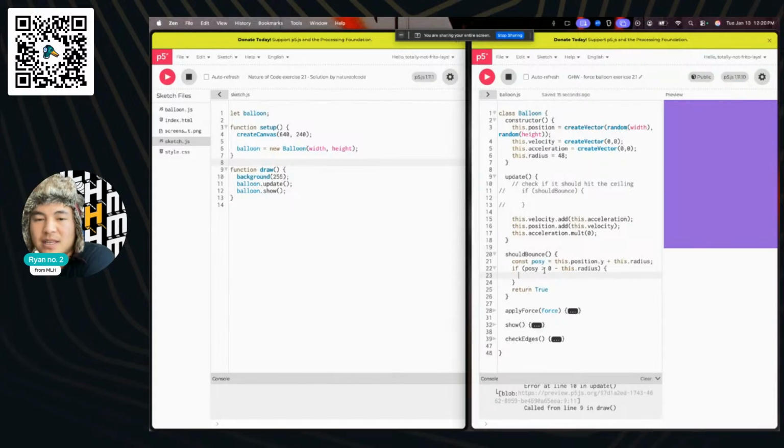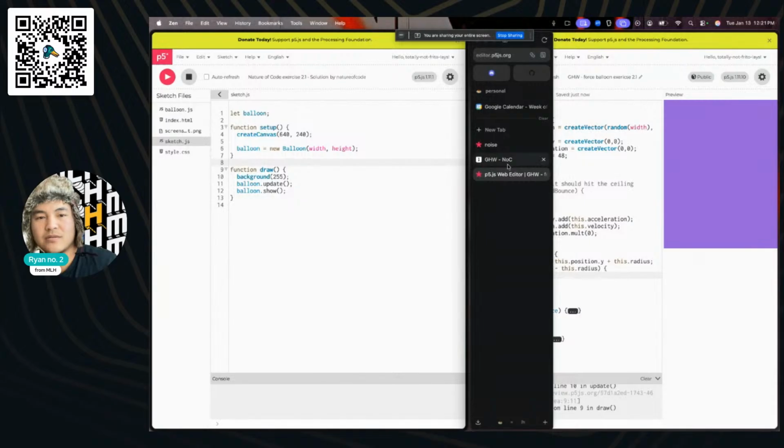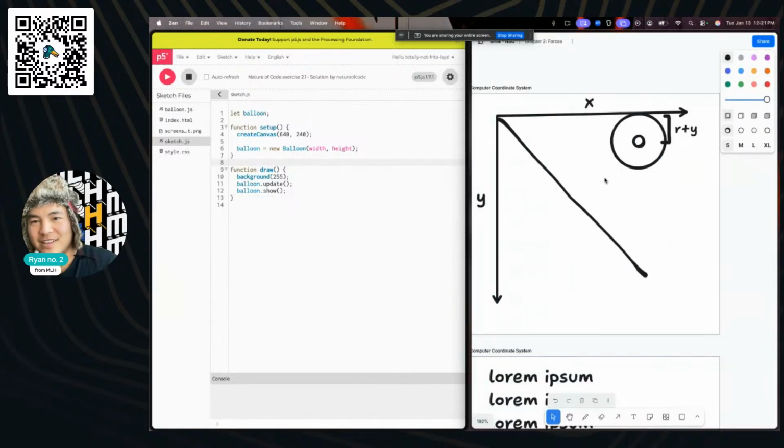No, if it is less than 0, that means it is above the screen. Then we need to remove it, I think. Let me make sure I'm getting my math right. If these two are above 0, that means we need to add it back in. But we actually want to do that before that happens.